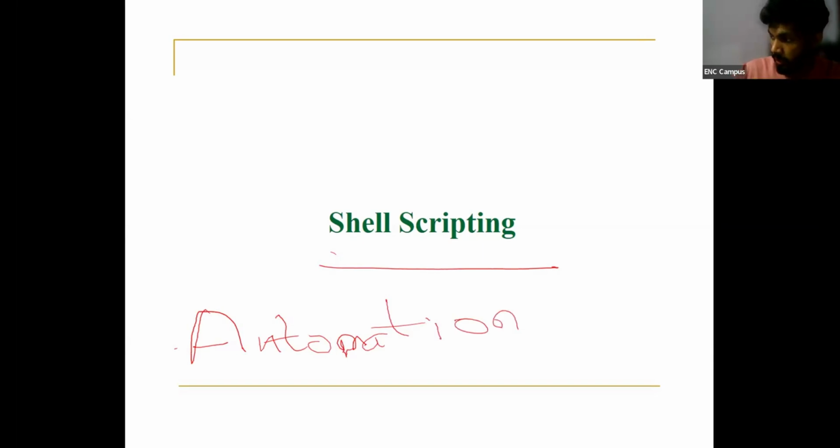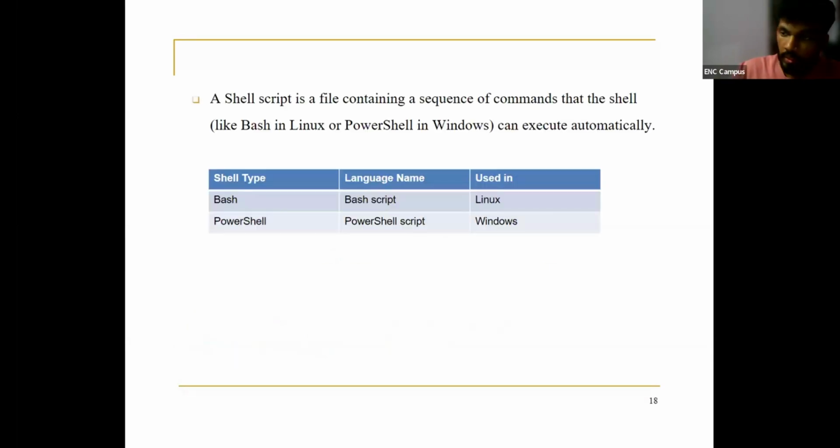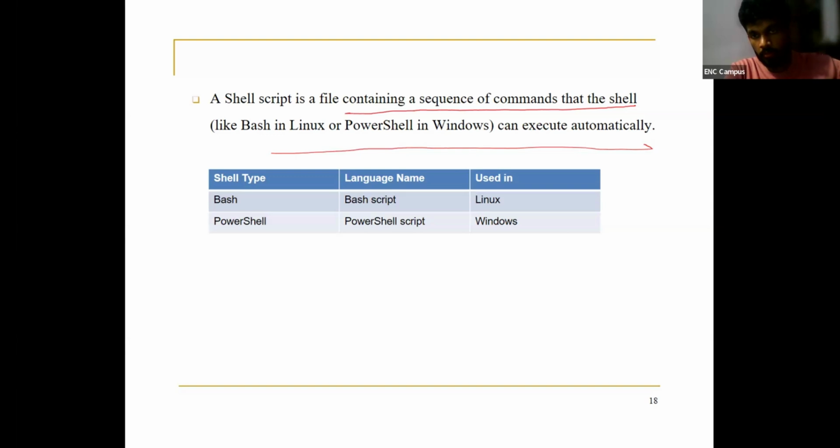Now we are going to learn as system administrators how we can automate tasks, right? A shell script is a file containing a sequence of commands that the shell, like bash in Linux or PowerShell in Windows, can execute automatically. Think of a shell script as a mini program to automate tasks.